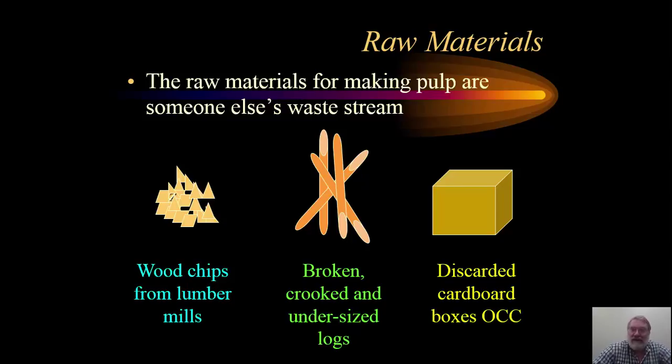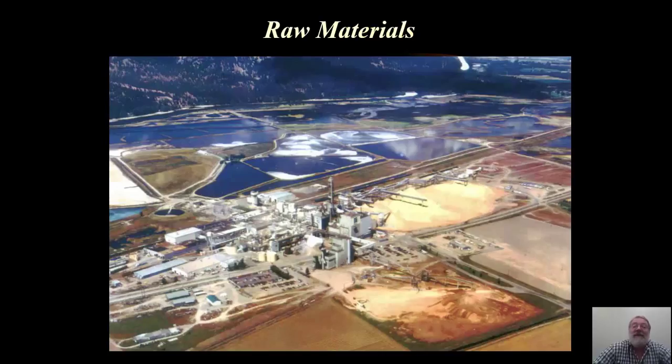So that's what they use as their starting materials. If you look at a picture of the plant from the air, there's the chip piles, there's the log yard with the broken, crooked, undersized logs, and back here that's the cardboard recycling plant. So see, that's their starting materials. Hog fuel, that's the bark that can't be turned into paper either.